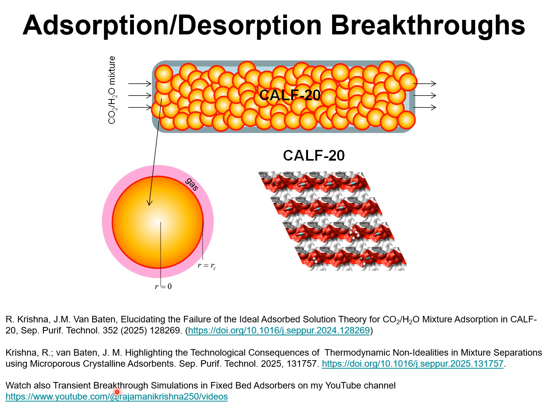All the breakthrough simulation data I present are for the RAST model to describe the equilibrium between the gas phase surrounding the crystals of CAF-20 and the external surface area of the crystallites. I use the NRTL model for quantifying the activity coefficients and departures from thermodynamic non-ideality.